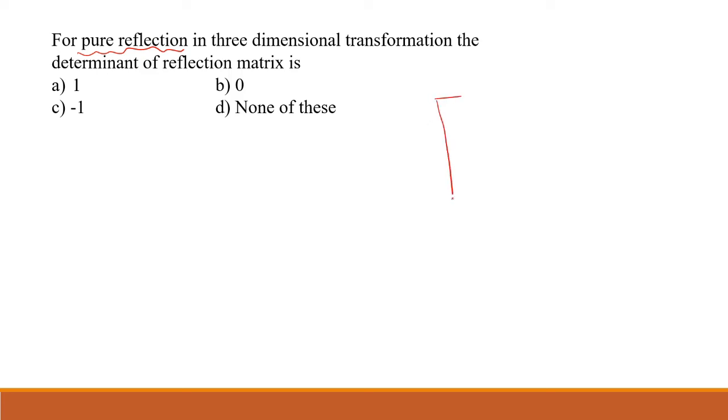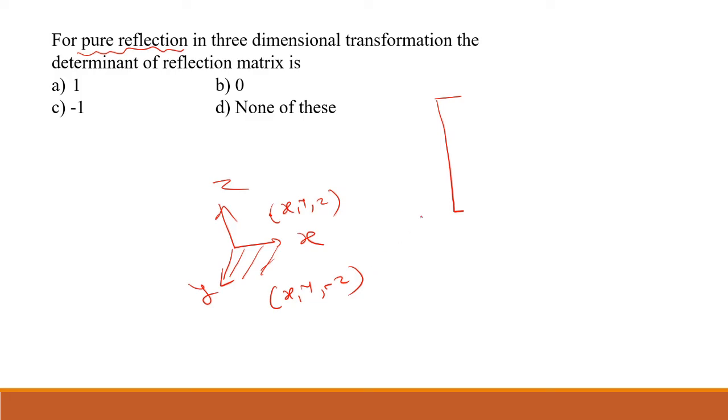So take a reflection matrix, suppose reflection about XY plane. Okay, so we have XYZ axis, and we want to reflect the point across this XY plane. So we will get X, Y, minus Z. Here the Z coordinate is changing. So what will be the corresponding matrix? 1 0 0 0, 1 0 0 0, -1, because here the Z coordinate is becoming negative, and the remaining thing is 0 0 1 0 0 1.